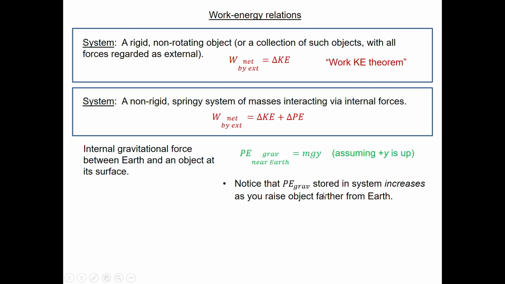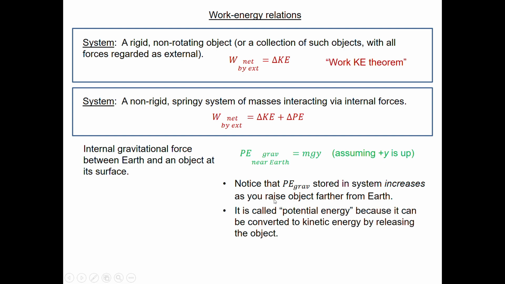In the same way, when I have a moving mass, that mass is kind of storing kinetic energy in its motion. Here we're storing potential energy in a springy force, and potential energy in this particular case increases as we stretch the invisible spring that's pulling between the Earth and the object and raise it to a higher height. Similarly, if we lower the book down, we would decrease the potential energy stored in that system.